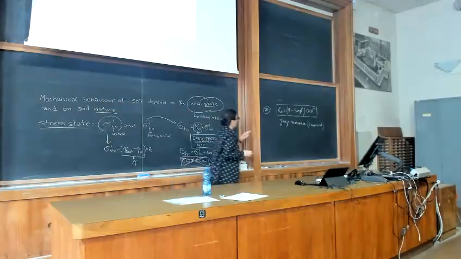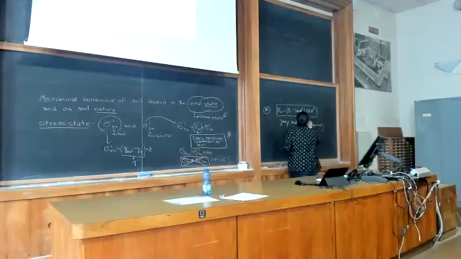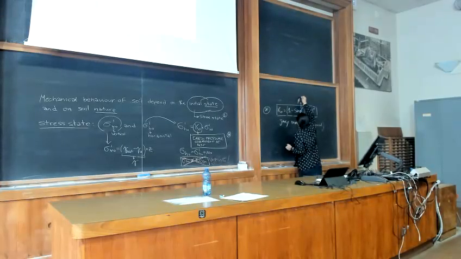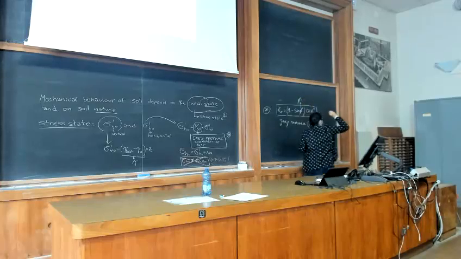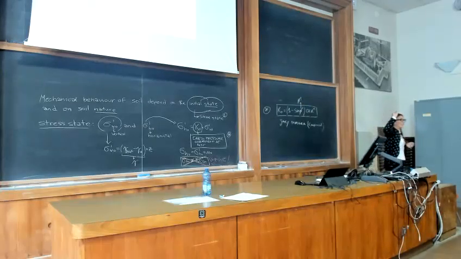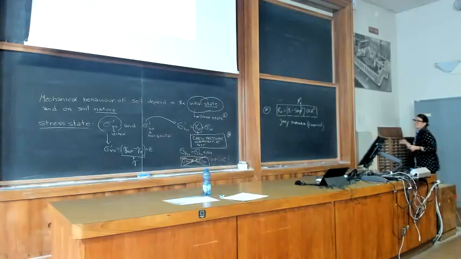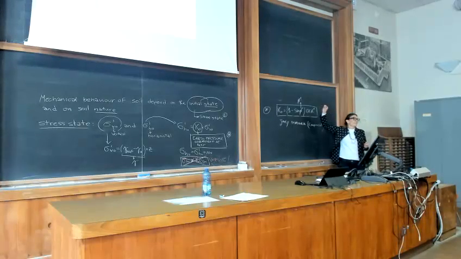So, as you can see, it is a function of phi dash, which is the effective friction angle of the soil. Do not come to the exam and say, I don't remember its name. It's important that you remember the name of this parameter. Basically, it's the most important soil parameter to define shear strength.